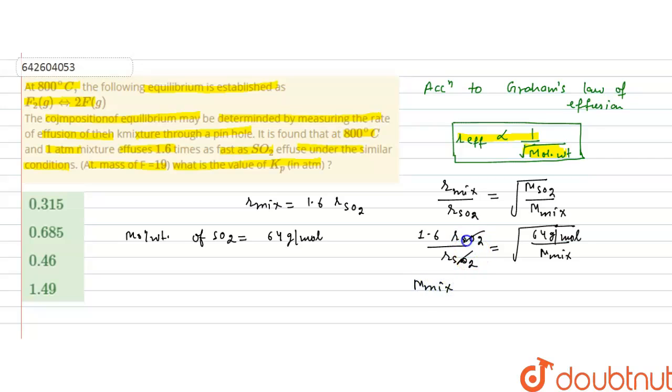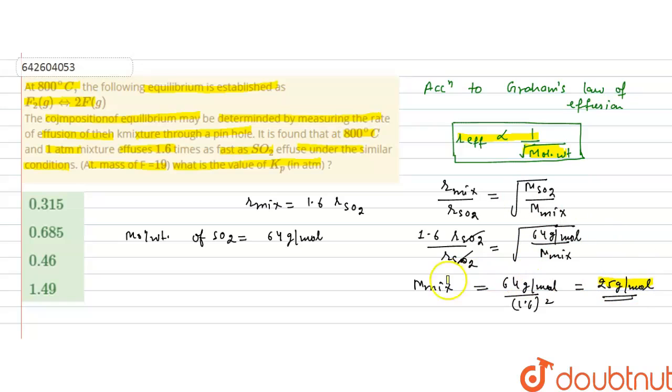The rates cancel. The square root is on the right side, so it becomes the square of this. So it would be 64 gram per mole divided by 1.6 squared, and the molecular mass is calculated as 25 gram per mole. So this is the molecular mass of the mixture.